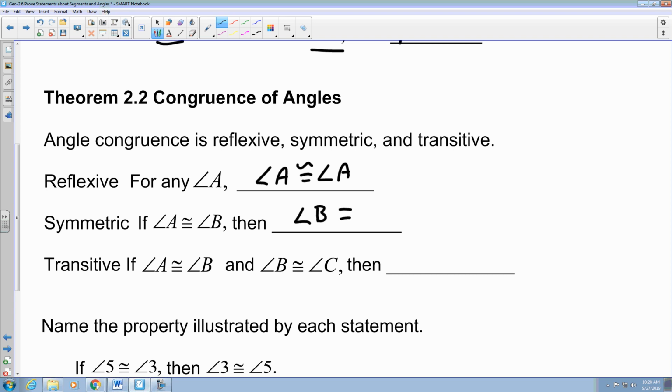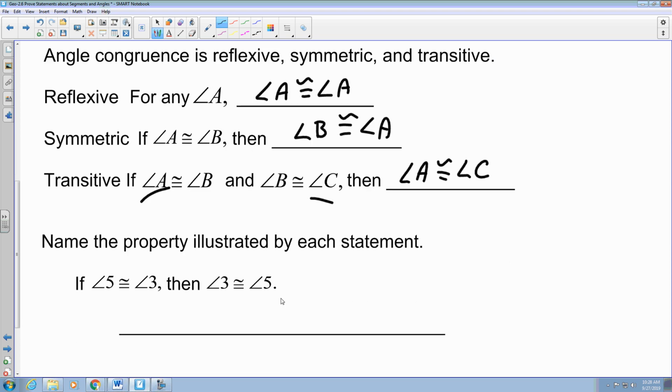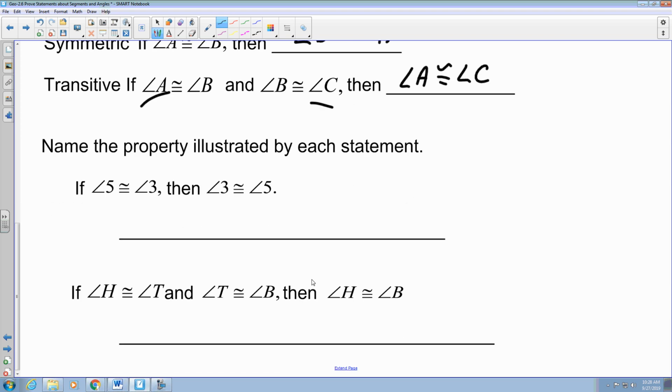Angle B is congruent to angle A. And then transitive means that you're going to look at this one and look at this one and say that angle A is congruent to angle C. So if we look at the bottom here, at these two statements, we're trying to name the property that best illustrates the statement. For the first one, it is symmetric. And if you look at the second statement, we can say that it is transitive.